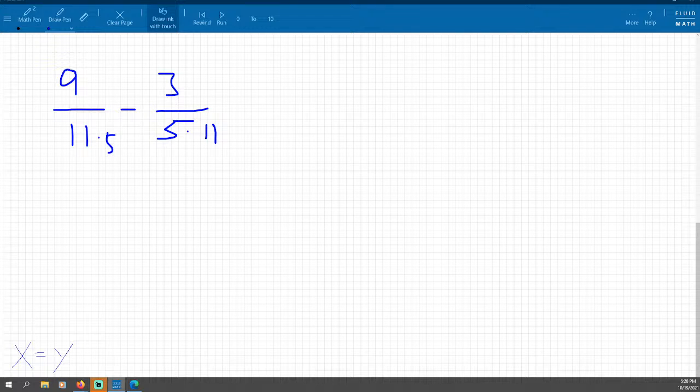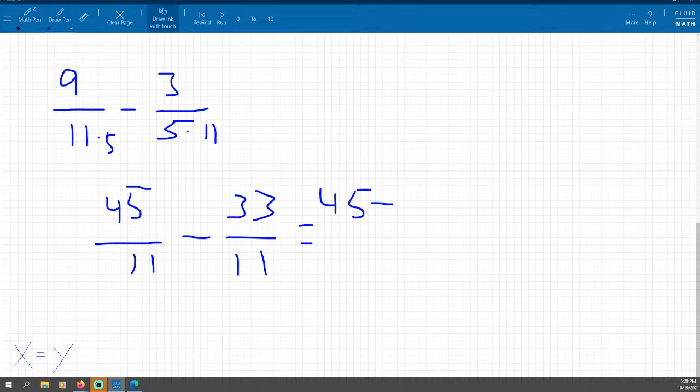So you need to do the same thing up here. So 9 times 5 is 45 over 11 minus 33 over 11. So that's going to be 45 minus 33 over 11.